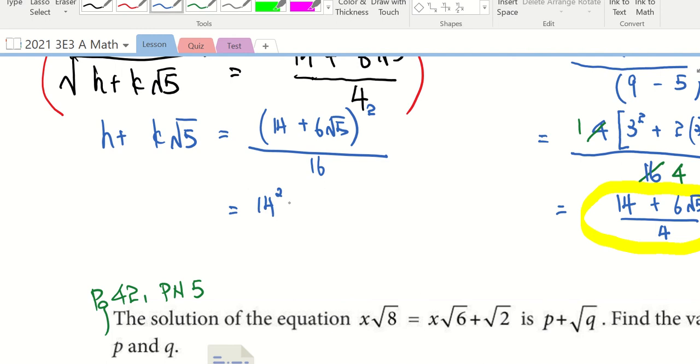Plus 6 squared times 5, plus 2 times 14 times 6 square root 5.